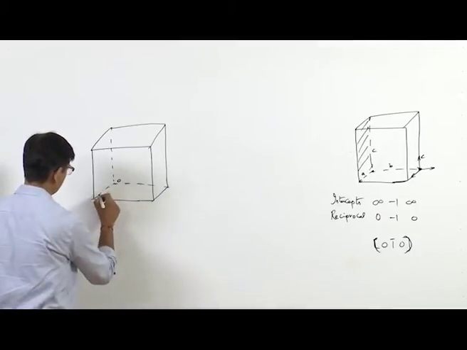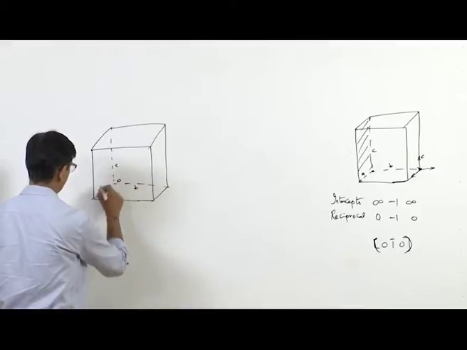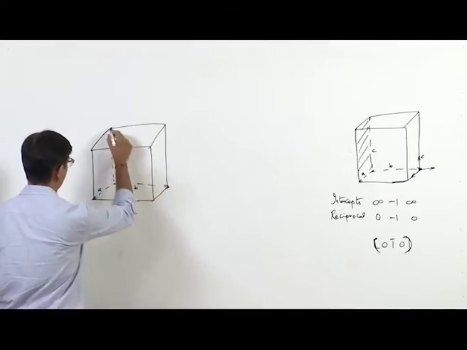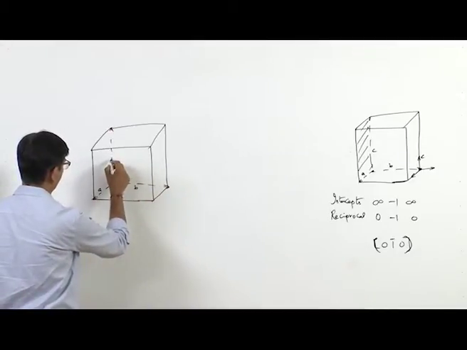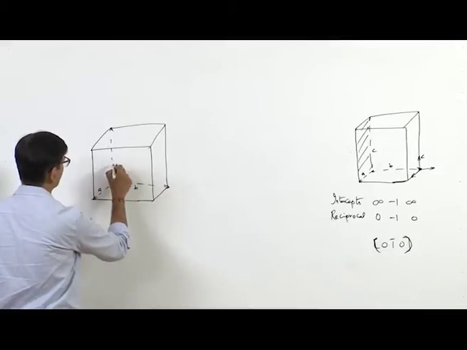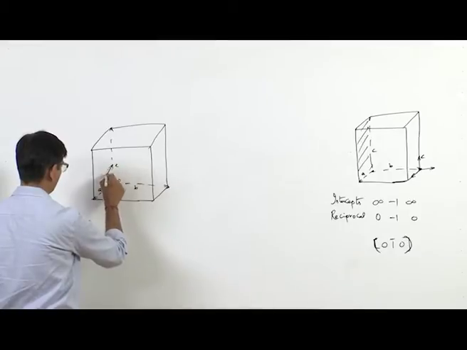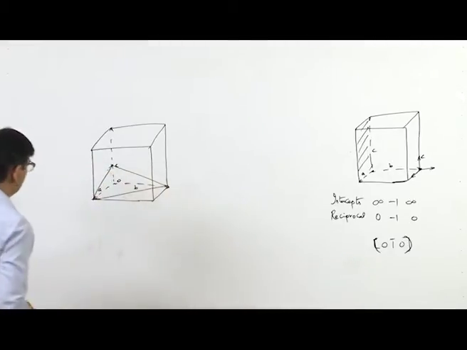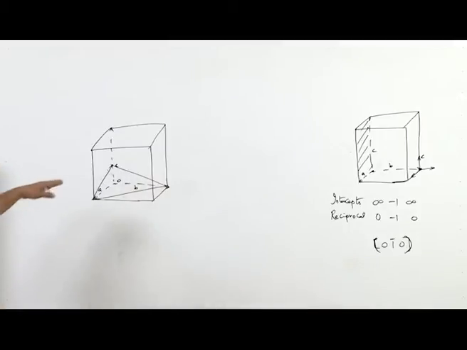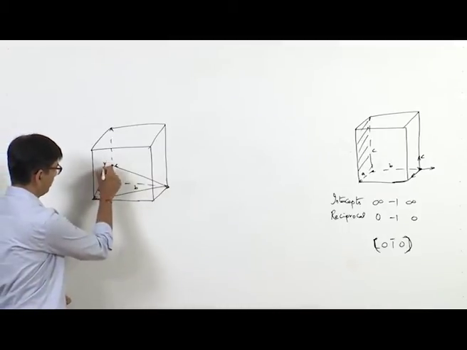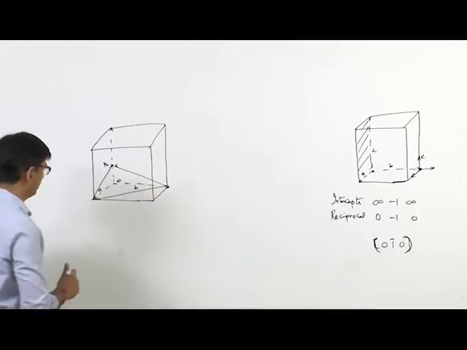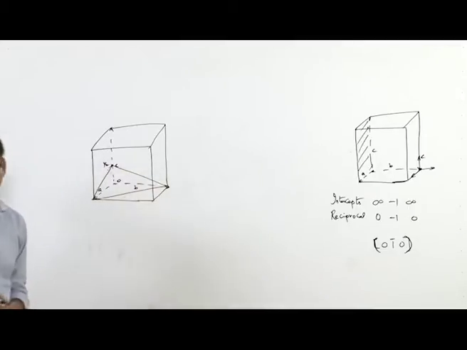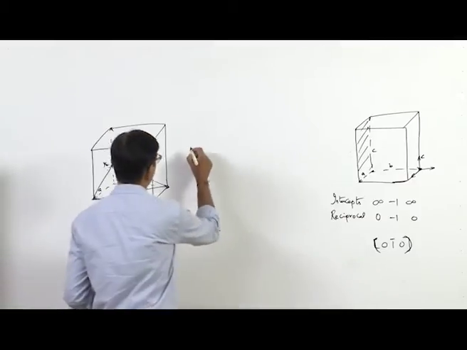This is my origin, A, B, C, and somewhere here, this is the plane we are talking about. It is cutting at some location half of the C, and one unit in the A and B directions. So again we will take the intercepts.